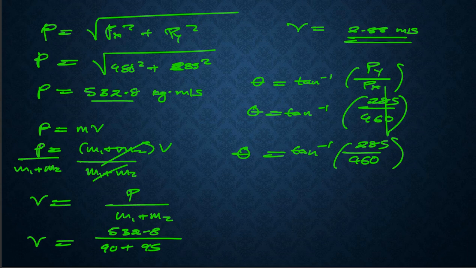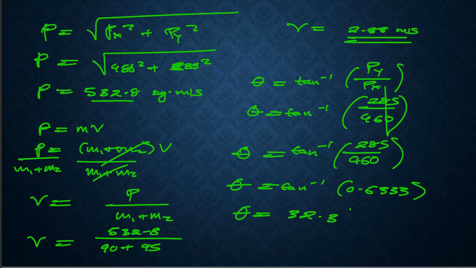We divide 285 by 450, we get our angle theta to be the inverse tangent of 0.6333. So the inverse tangent of 0.633 gives us 32.3 degrees.